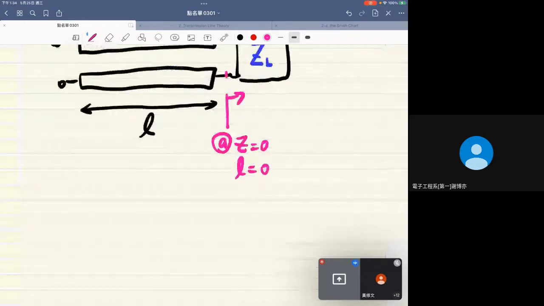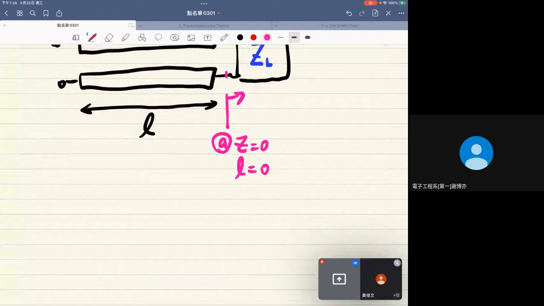At this point, you can obtain what is your input impedance. Zin equals what? You can write it down.